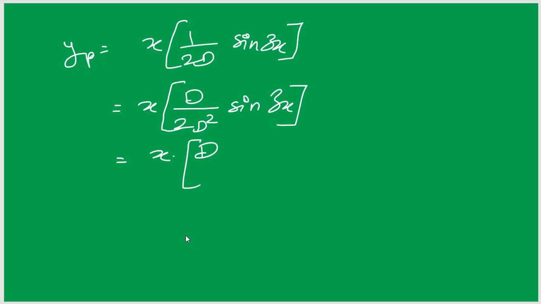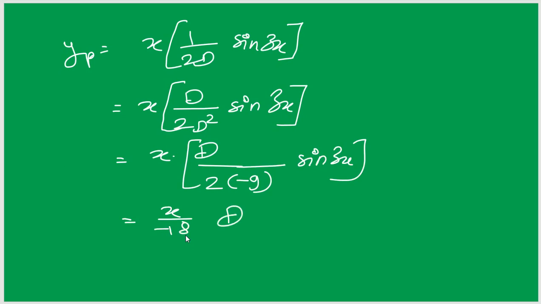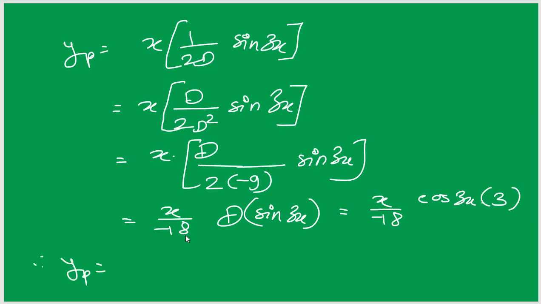Now here in the denominator we can replace D² by -9, so this is x upon -18 and D of sin 3x, which is x upon -18, and the derivative of sin 3x with respect to x will be cos 3x into 3. So therefore yp is equal to -x upon 6 cos of 3x.